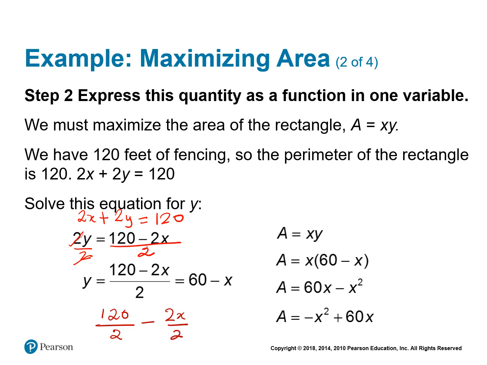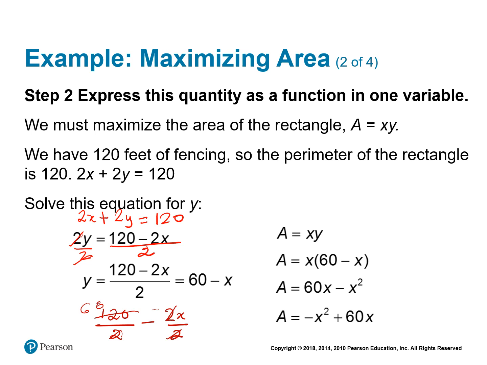If you are using a common denominator, when you simplify, make sure you are distributing the denominator to both the terms in the numerator. So I'm writing it out as 120 divided by 2 minus 2x divided by 2. And what happens then? 120 divided by 2 is 60, and 2x divided by 2 is minus x.